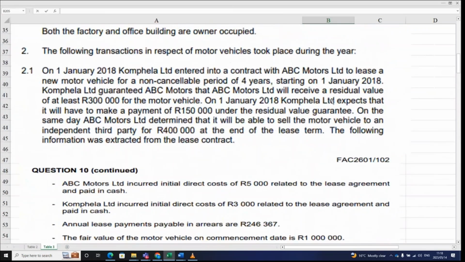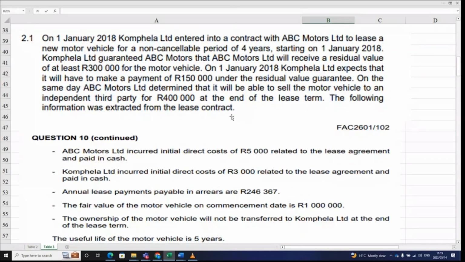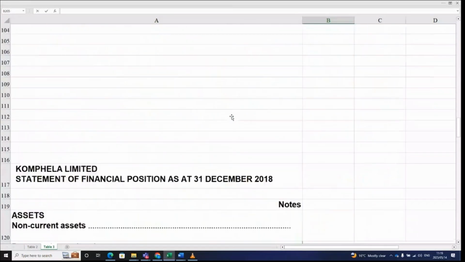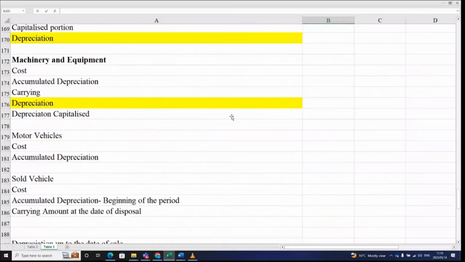Komphela on 1 January 2018 expects that it will have to make a payment of 150,000 under the residual value guarantee. So that's the obligation, that's how much they are willing to pay for this.